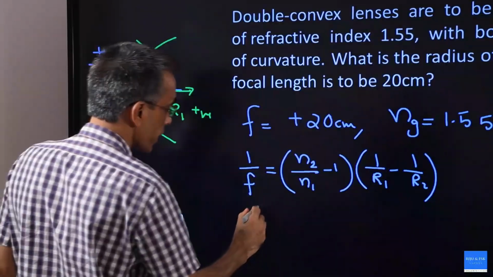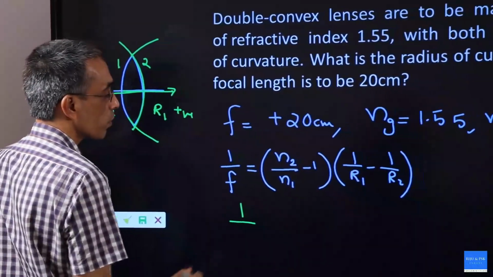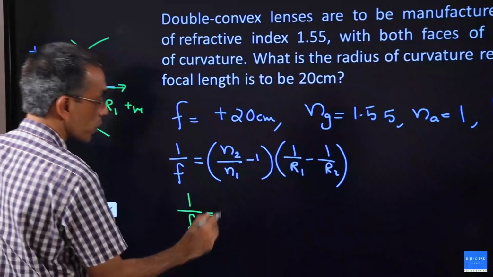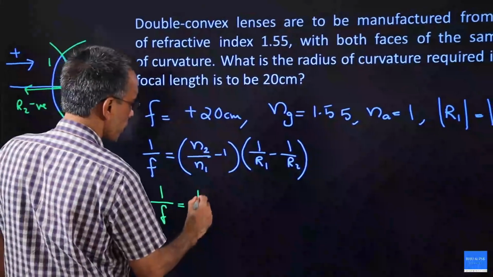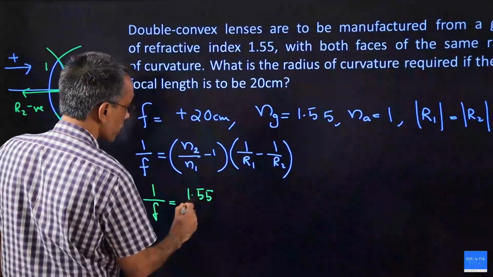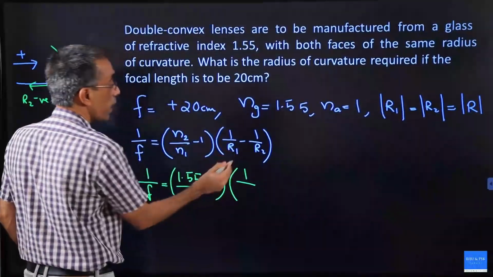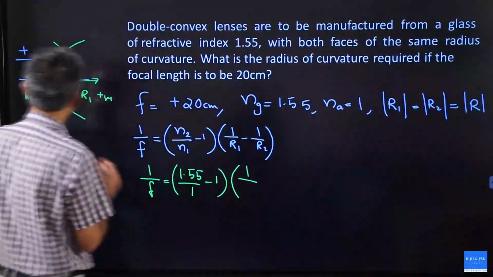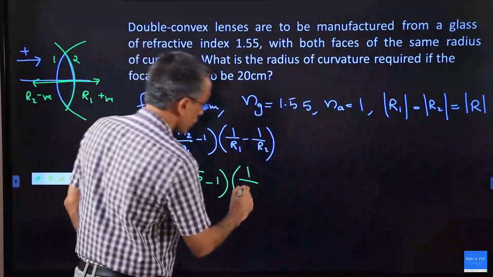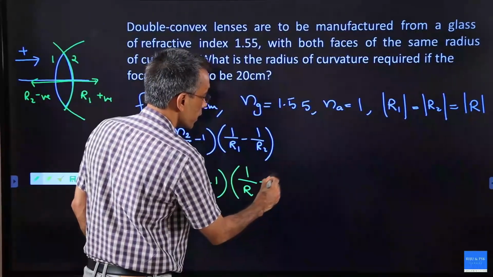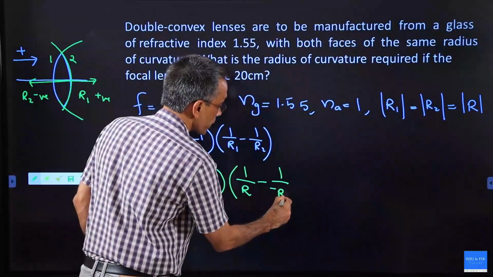So applying this we will get 1 by f is equal to (1.55 by 1 minus 1) times (1 by r1 minus 1 by r2). What is r1? r1 is positive R, r2 is negative R.